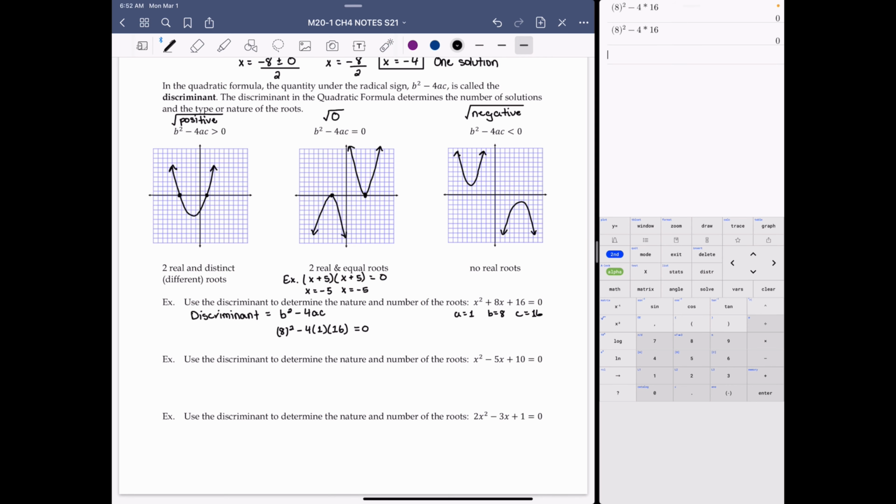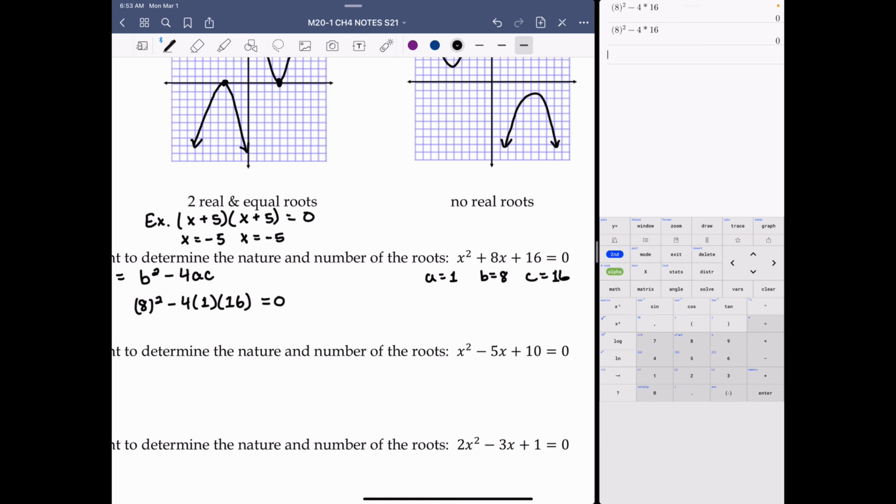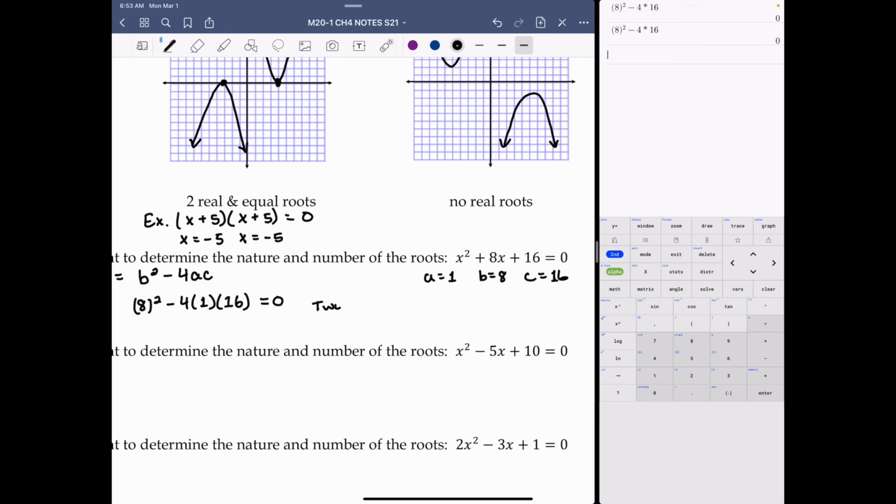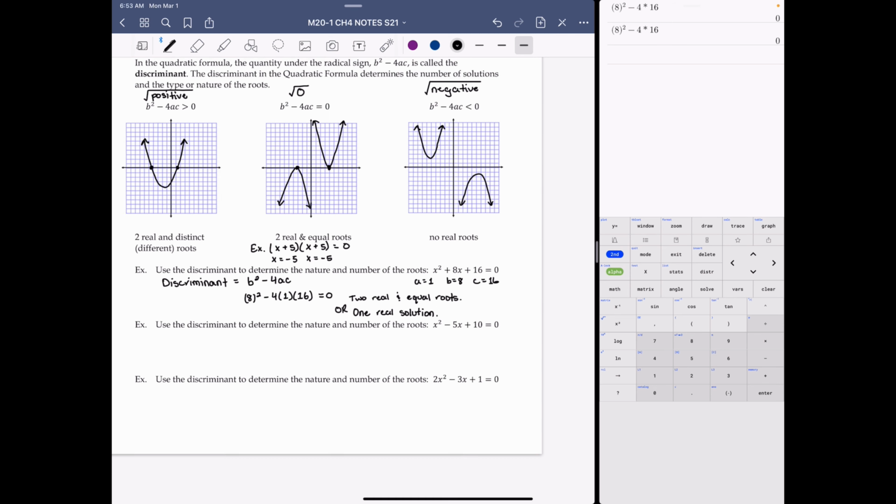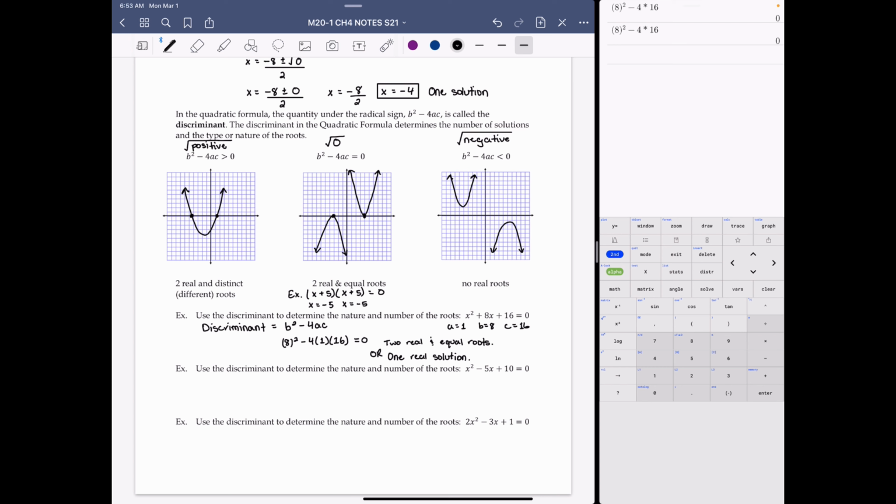So either way, you can write either; I would accept 2 real and equal roots, or you could just say there is one real solution. We don't know what that solution is, we just know that there is one.